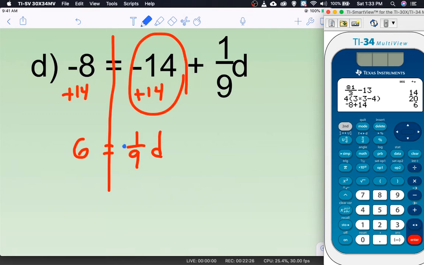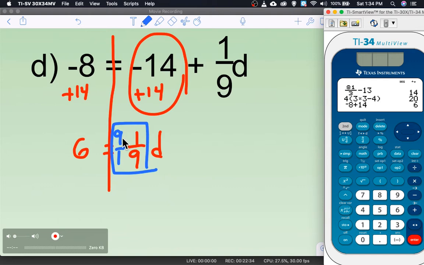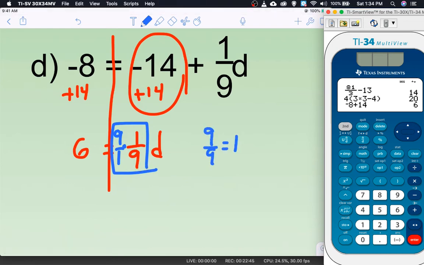If I multiply by 9 over 1, that makes this fraction cancel, because across the top, we'd have 9. 9 times 1 is 9. Across the bottom, we'd have 9. 1 times 9 is 9. And a 9 over 9 is just 1. That would be a 1d.